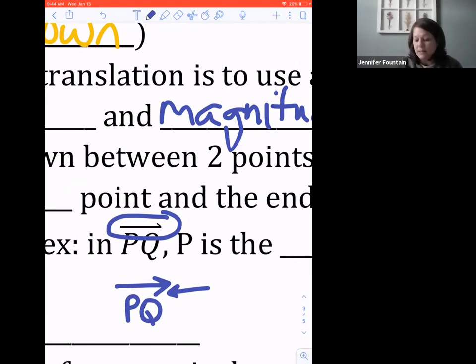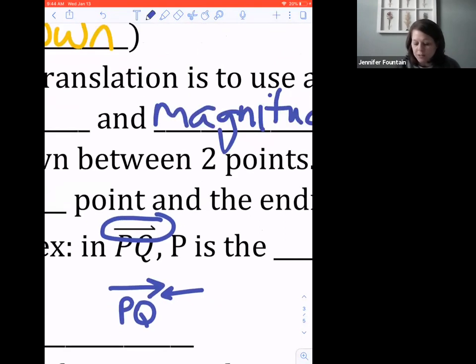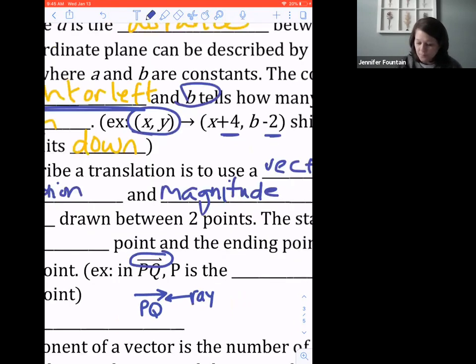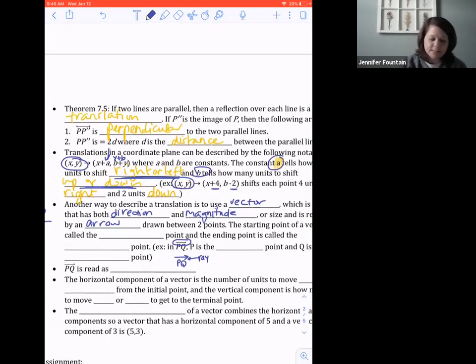But when that bottom part is missing, that is describing a vector. This describes a ray. Now, I will tell you, a vector and a ray look exactly the same. I have an endpoint and it goes indefinitely. So don't stress too much about that. I just wanted you to see that there is a little bit of a difference, but it's not a huge deal, okay? Because we're treating it basically the same way.